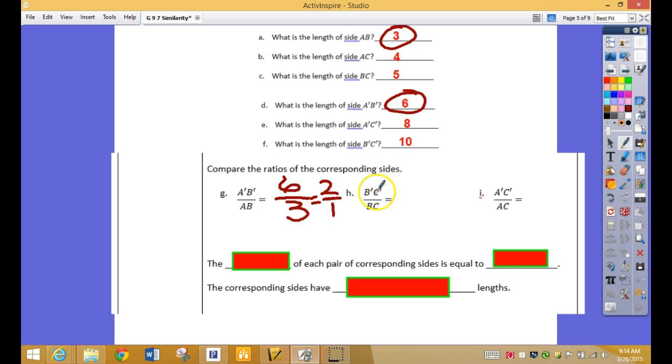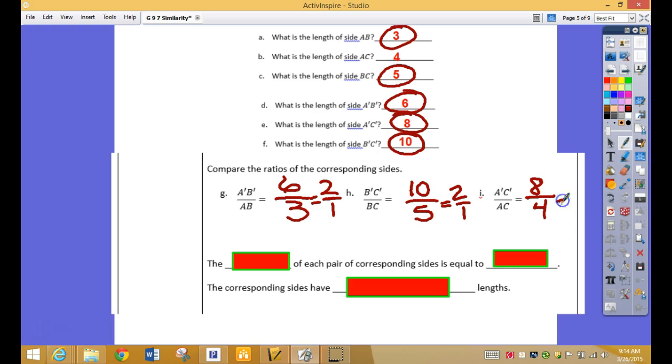How about BC prime to BC? What's that one? BC prime to BC. What does that equal? 10 to 5. 2 again, isn't it? What is AC prime to AC?